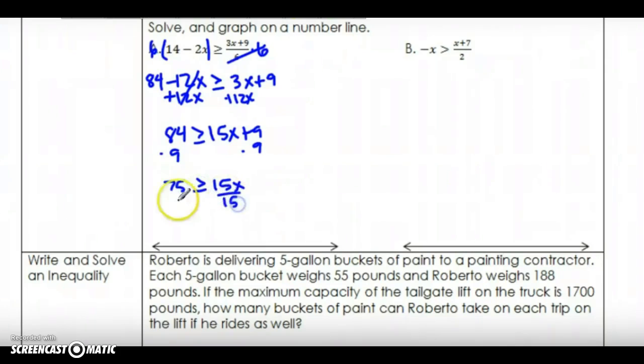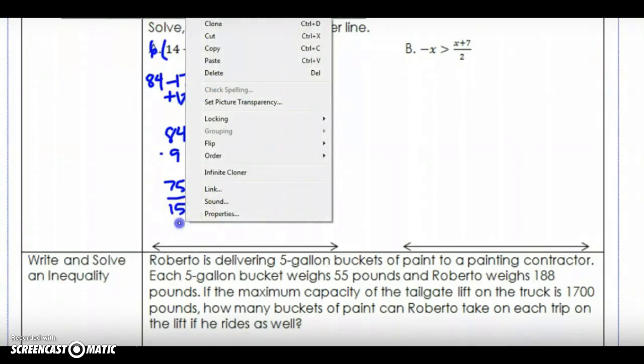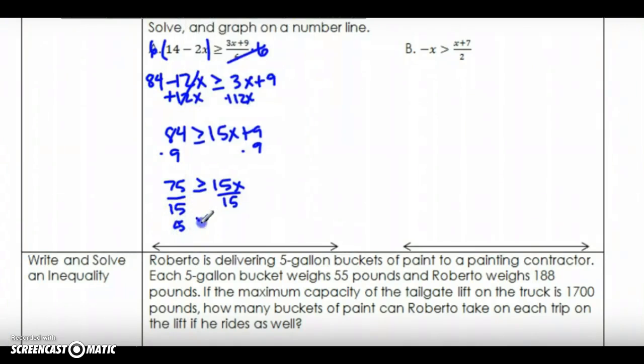Divide by 15 on both sides, and we get 5 is greater than or equal to x. Or if you wanted to rewrite that, putting our variable on the left and flipping our sign, there it is. So closed circle at 5, and we are going to go to the left. It's pointing us less than.